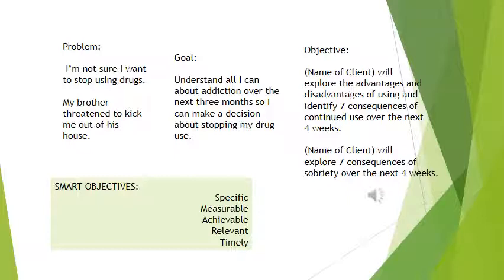If we take a look at this objective from an analysis of using a SMART objective, we can see that both objectives are specific. They're measurable because we can count it. It's achievable, and achievable is really based on the client telling us it's achievable. The client has to be willing to commit to this action, and then it's relevant because it's for a current problem and it's timely. We've identified a time frame over the next 4 weeks.